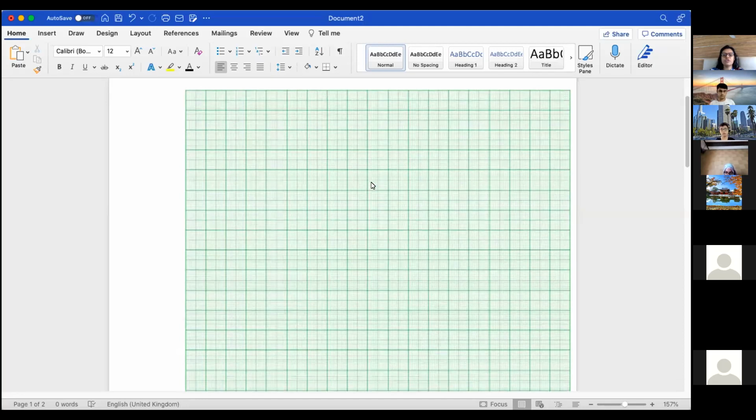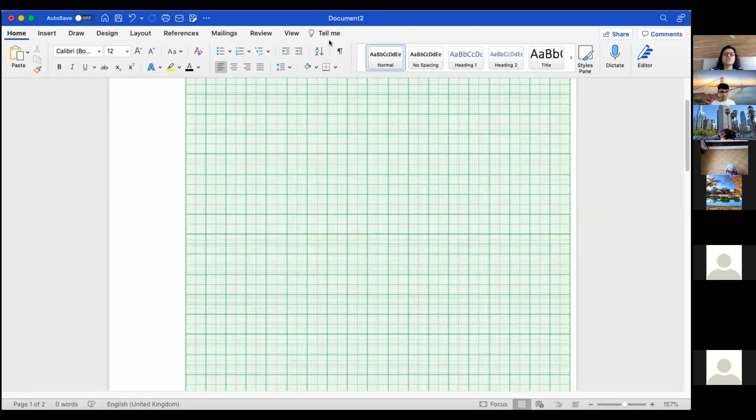So again, you need to draw two axes. So we'll draw two axes.